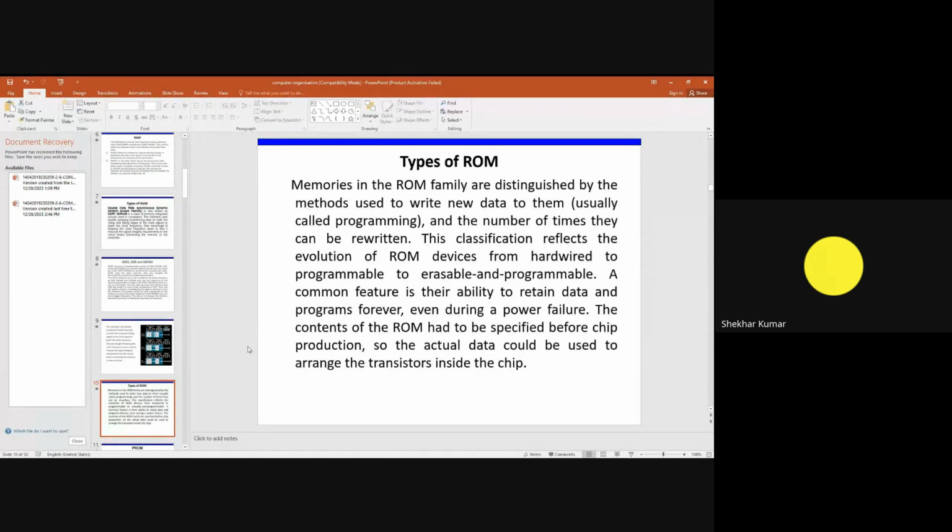It is the oldest read-only memory, whose data is pre-configured by the IC, integrated circuit, manufacturers. So the user cannot change instructions stored in the MROM chip.